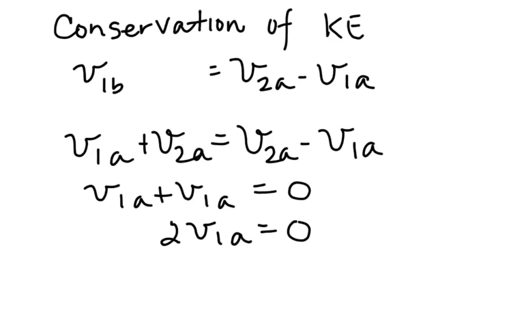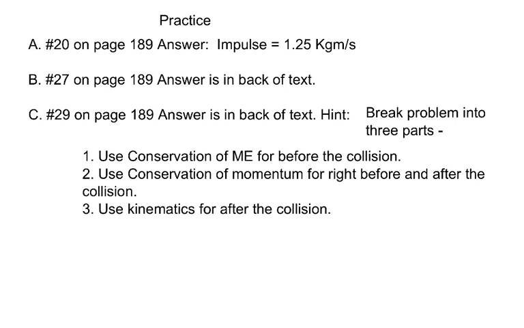In other words, the velocity of the first object after the collision is 0, and all of the energy is transferred over to the second object, so the second object has taken on the speed of the first object. Okay, here's your practice, and good luck.